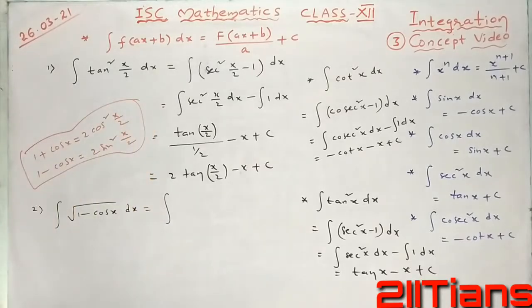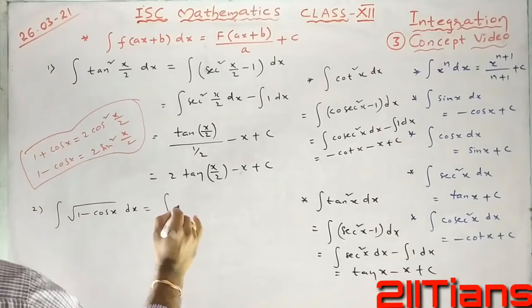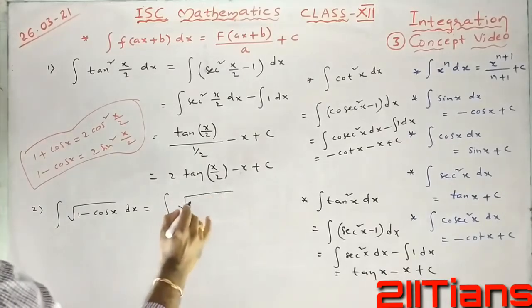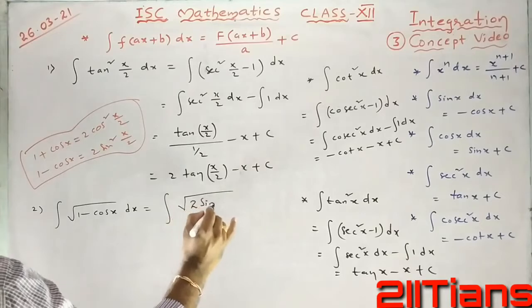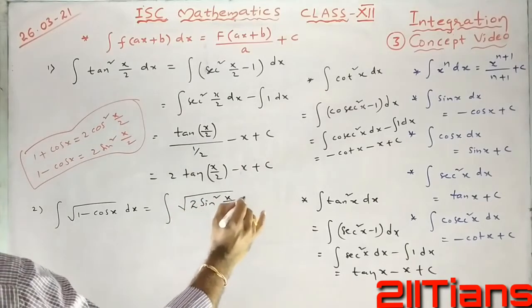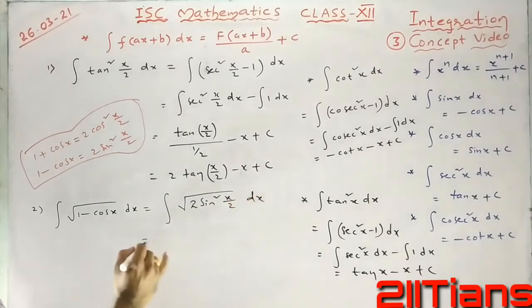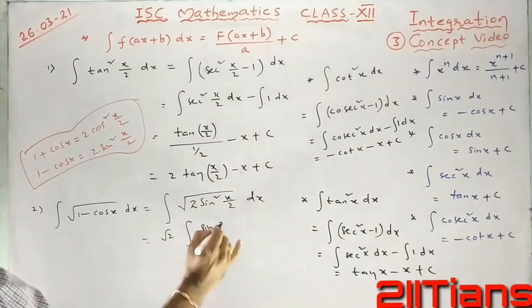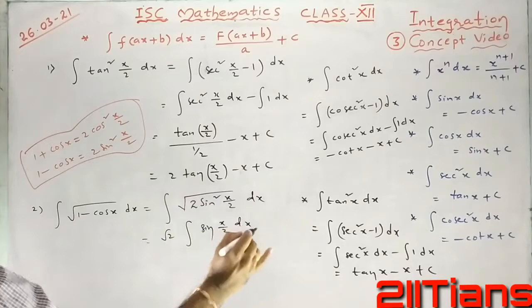So here we have 1 minus cos x. We can write square root of 1 minus cos x as square root of 2 sin square x by 2 dx. So root 2 can be kept out. Sin square x by 2 gives sin x by 2 dx.